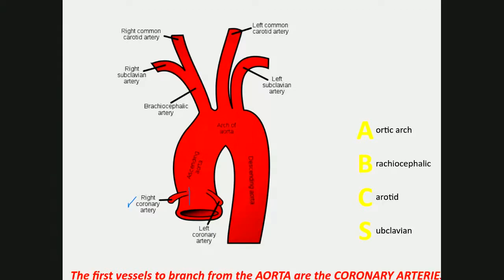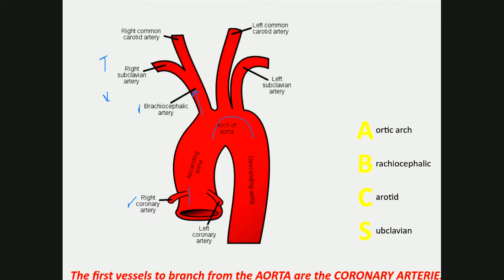Then we have this ABCS. I always like mnemonics. So A is for the arch of the aorta. B is the brachiocephalic artery. We call it brachiocephalic because it's going to the right arm and right head, brachium and cephalic.